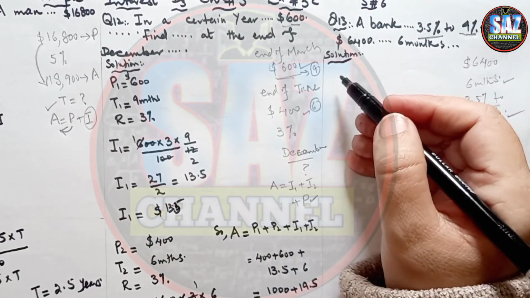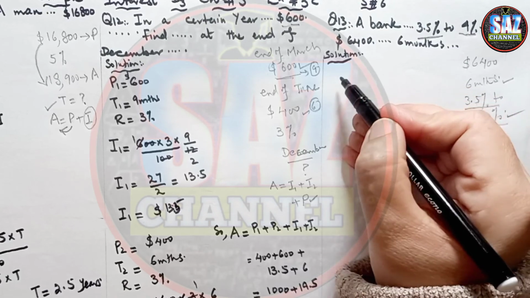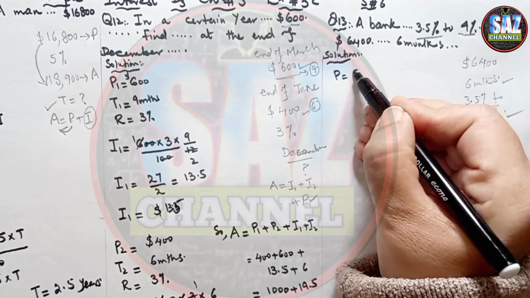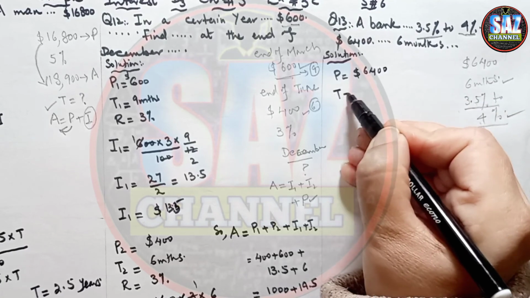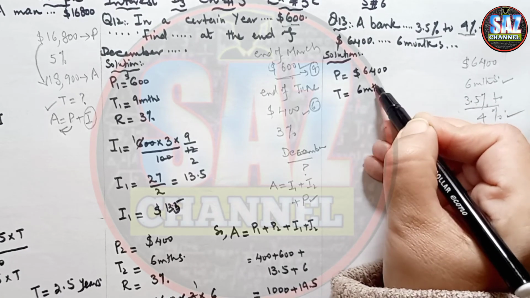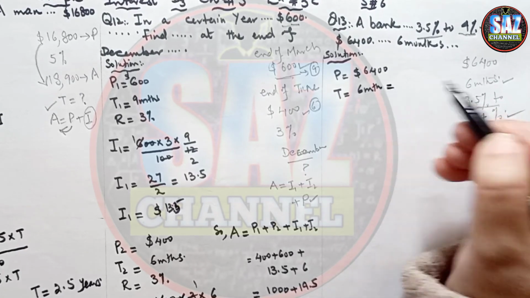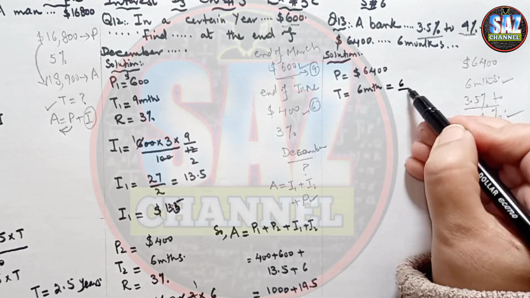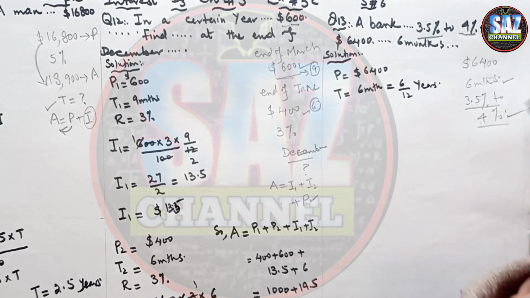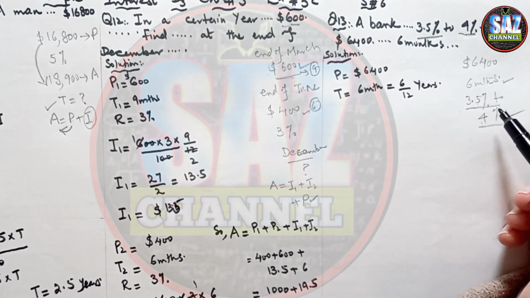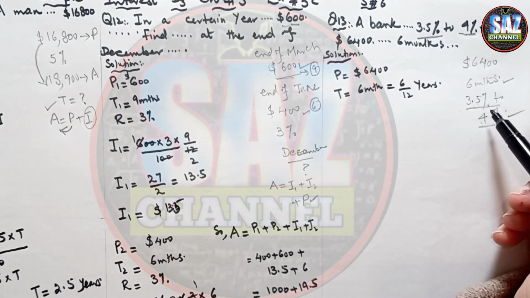So the principal amount is 6,400, given in the question. Time period is 6 months, which will be equal to 6 by 12 years. Why am I doing this? Because the interest rate is per annum in the question.